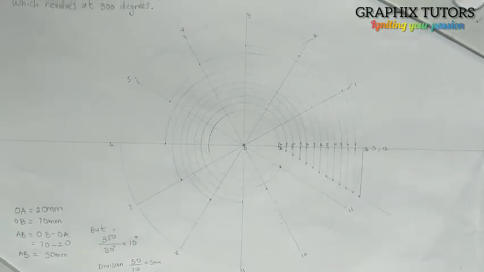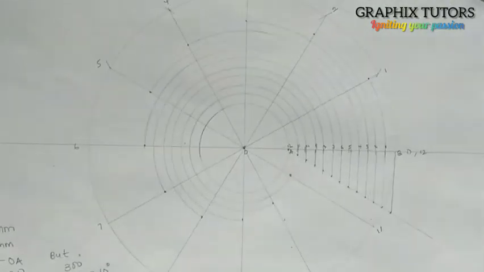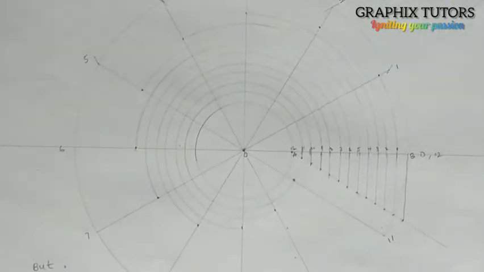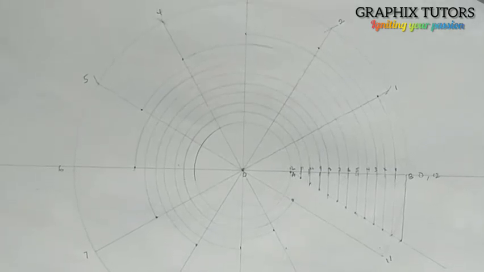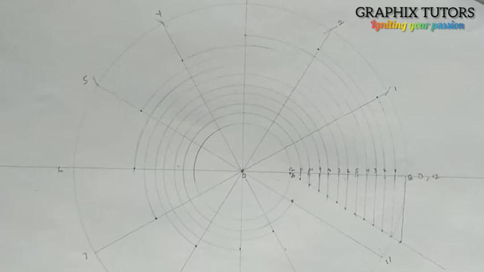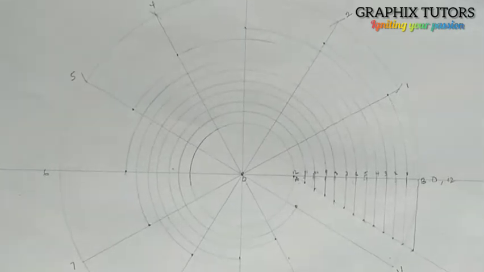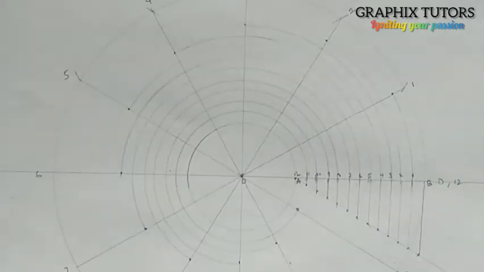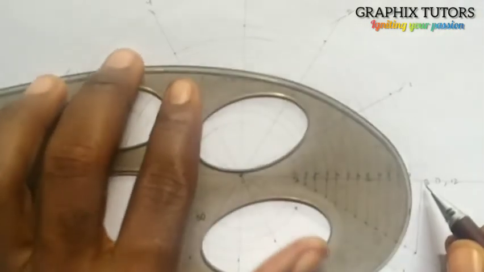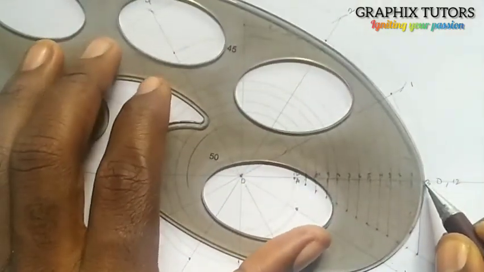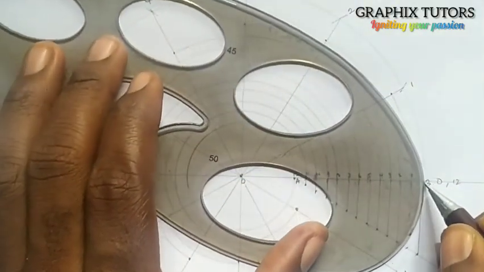So let's see. I will now join those points together. I will use my French curve, and I'll start from 0. At least you hold 3 points at a time.